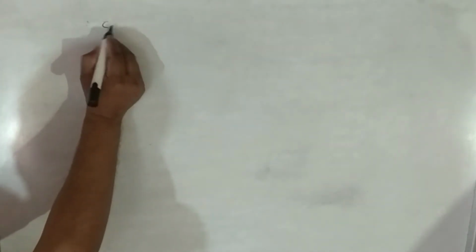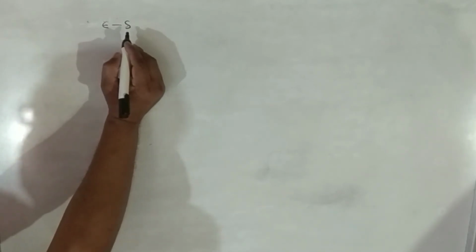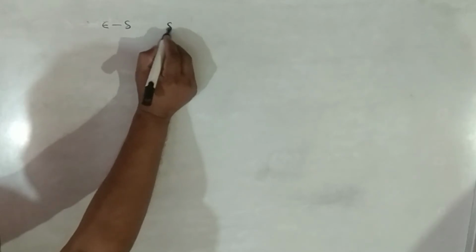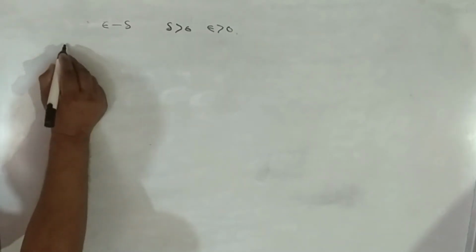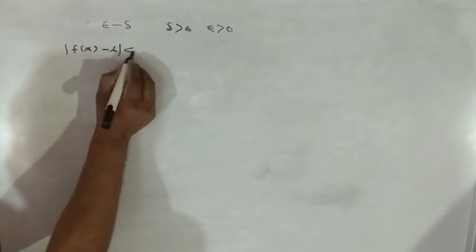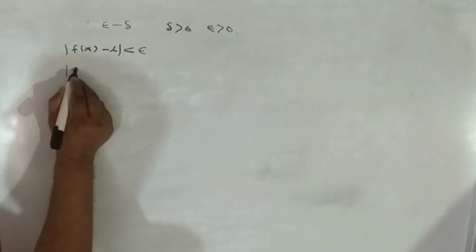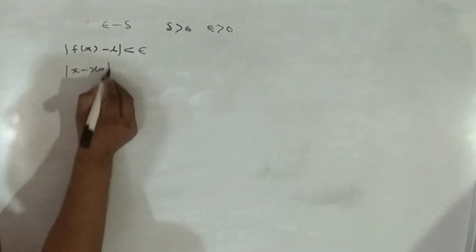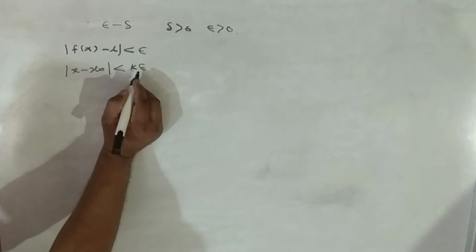Now see the second remark. In problems involving the epsilon-delta technique, the main concern is to find delta greater than 0 from a given epsilon greater than 0. Make use of mod f of x minus L less than epsilon and produce mod x minus x0 strictly less than k into epsilon, where k is a constant.